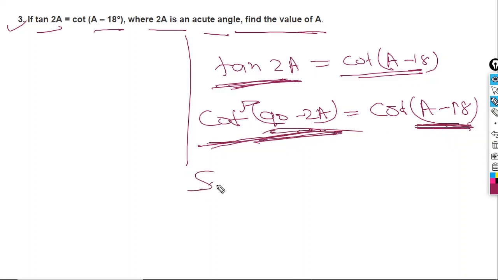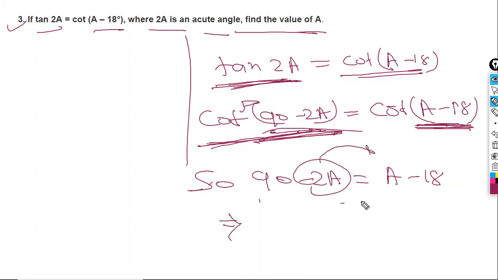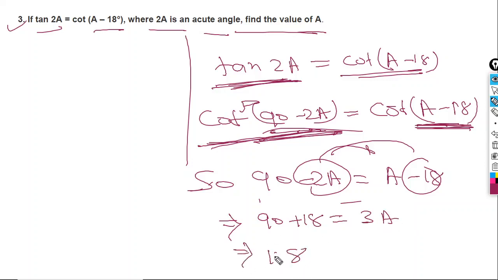So you can write 90 minus 2a is equal to a minus 18, implies bring this 2a to here and minus 18 to here. So 90 plus 18 equals 3a. Implies 108 equals 3a.